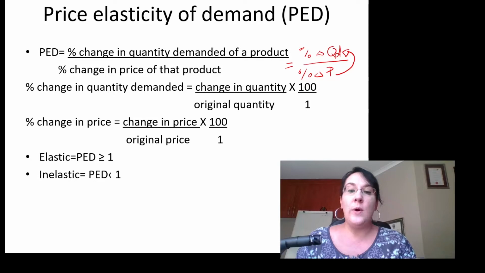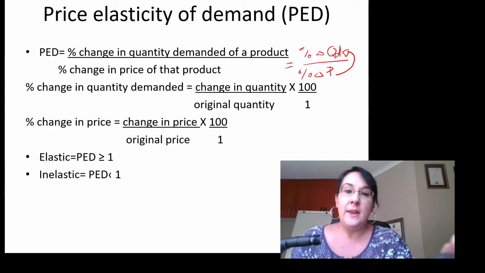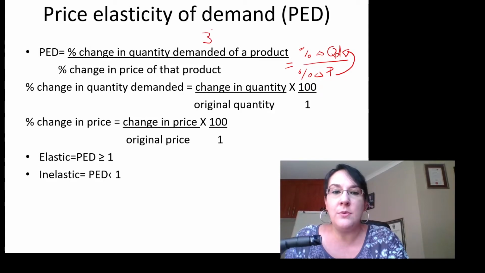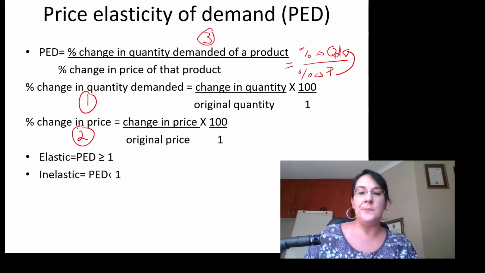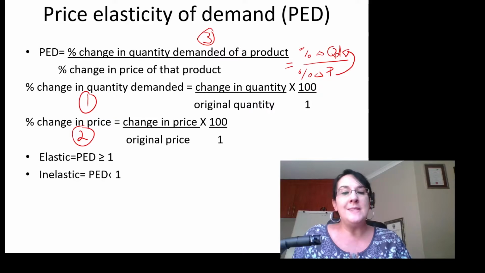But when we are doing calculations on PED, it's easier to break the formula down into different parts. I'll call this my part 3 or step 3, this part 1 or step 1, and this part 2 or step 2. When dealing with calculations, it is important that I am actually following the formulas.